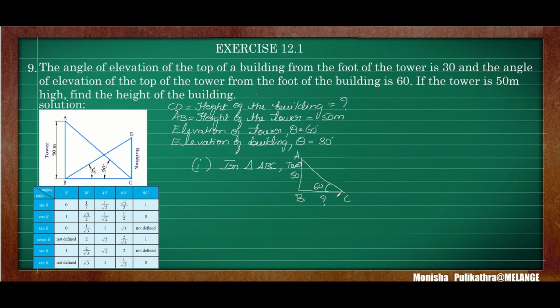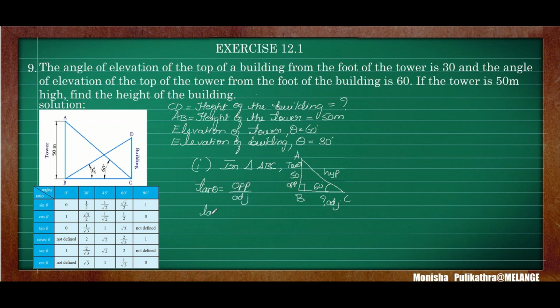This will be the opposite side, this the hypotenuse, and this side the adjacent. So in triangle ABC, we need opposite by adjacent, so we take tan theta.